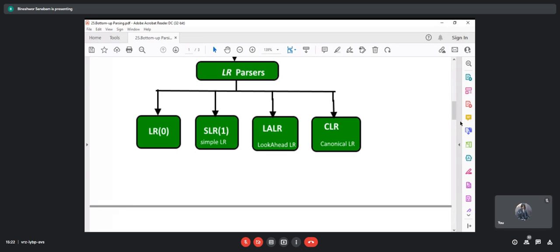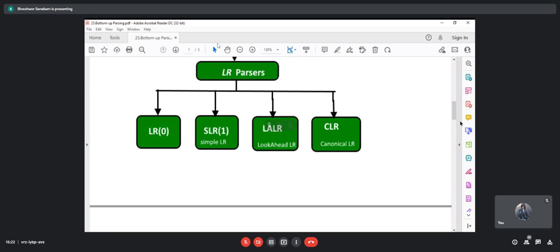What you can understand from here is that when we're talking about bottom up parsing, we have to start with the input string and derive to the start symbol. We are going to construct our parse tree beginning with the input string and we must derive to the start symbol. Then we'll check the substring with the right side of the production, and if we find any match, we are going to replace it with the left side of the production.